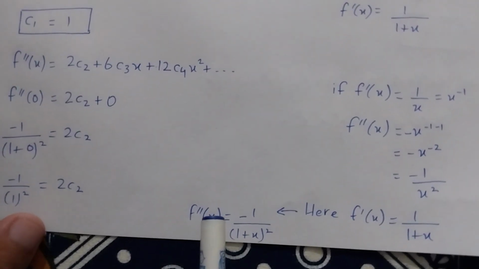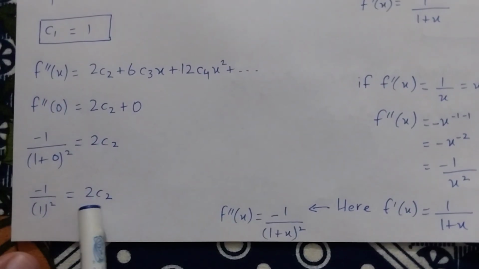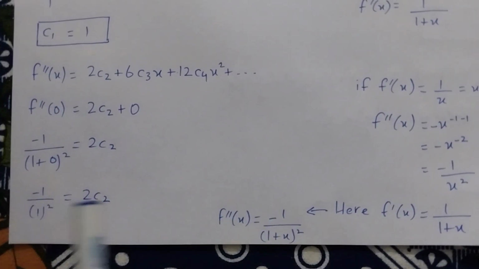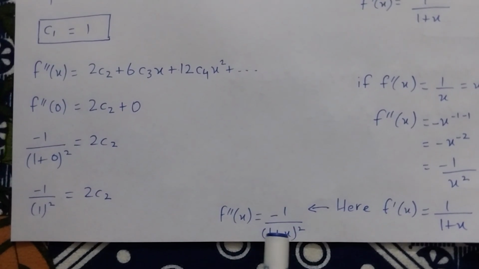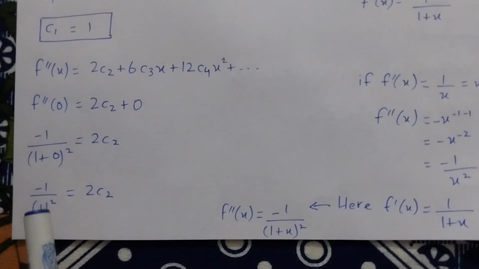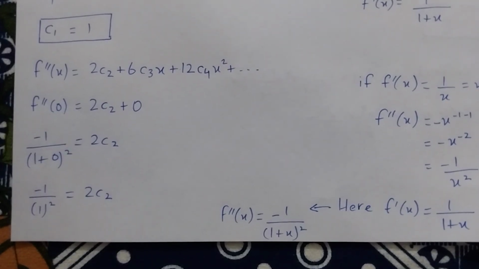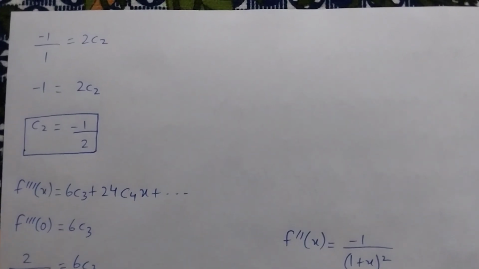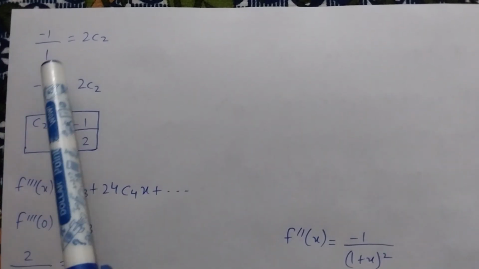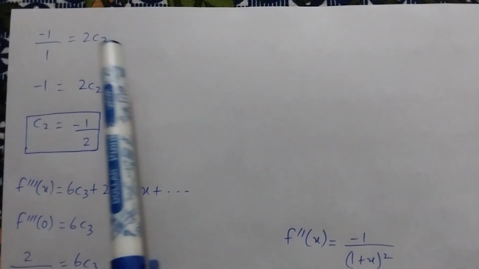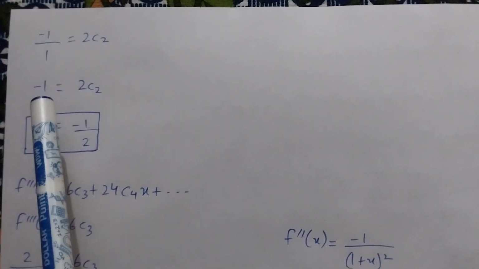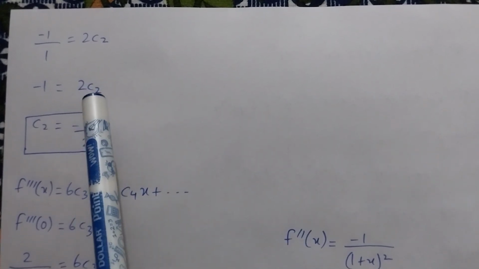So we have our second derivative, and to find c2 we just need to put 0 in place of x in this second derivative, so we get minus 1 over 1 plus 0 whole squared, which is minus 1 over 1 squared, equal to 2c2. So we get minus 1 over 1 equal to 2c2, and minus 1 is equal to 2c2.